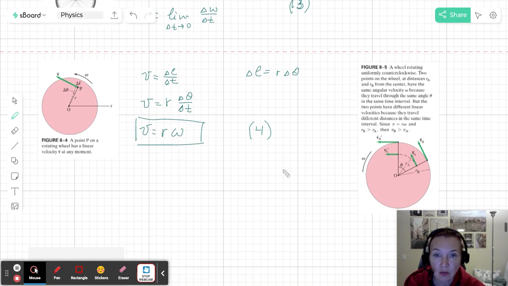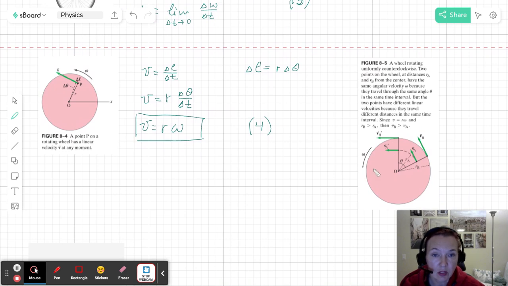Another thing I wanted to mention is this diagram, 8.5. The wheel is rotating counterclockwise, and we have 2 points on the wheel. One is a little bit closer to the center, one is further away. We know that they have the same angular velocity because they rotate through the same central angle, theta. However, the linear velocities are going to be different because they travel different distances.